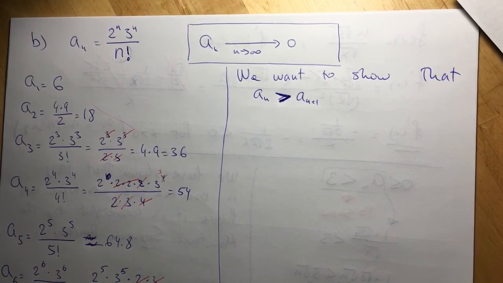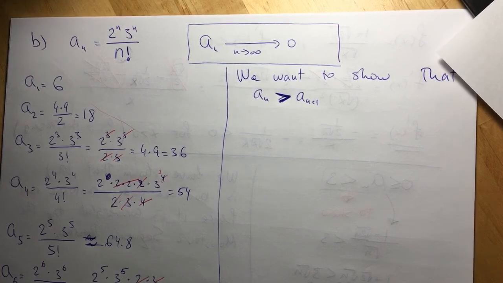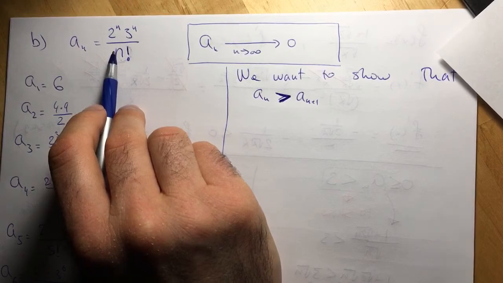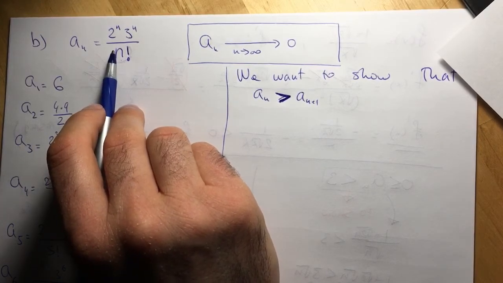Okay, so now one thing that we have to be careful about is the fact that I cannot define a function that is going to follow the elements of the sequence because of the factorial.